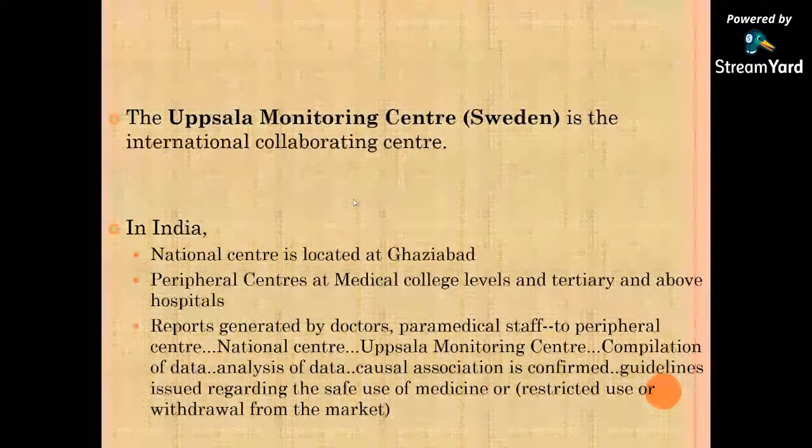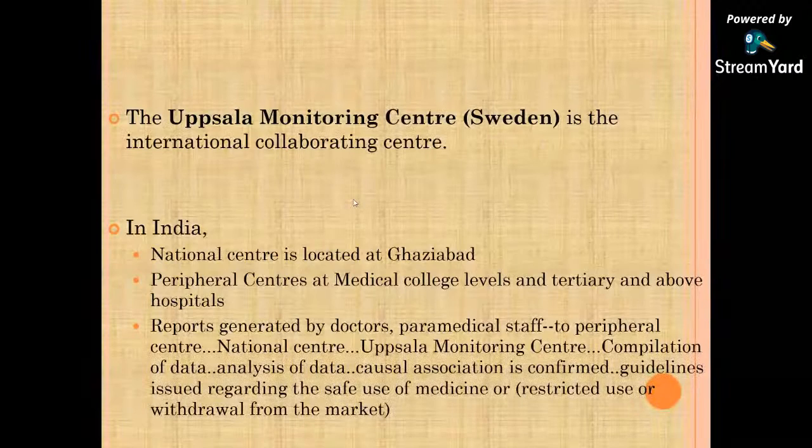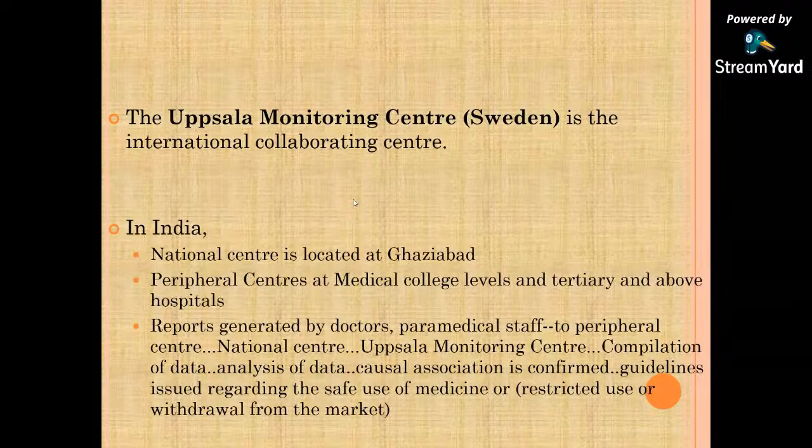First, the doctor or any paramedical staff will report the ADR of the drug to the national center. Then the national center will report it to the Uppsala Monitoring Center, which is situated in Sweden. So the compiled report will be sent to the national center.